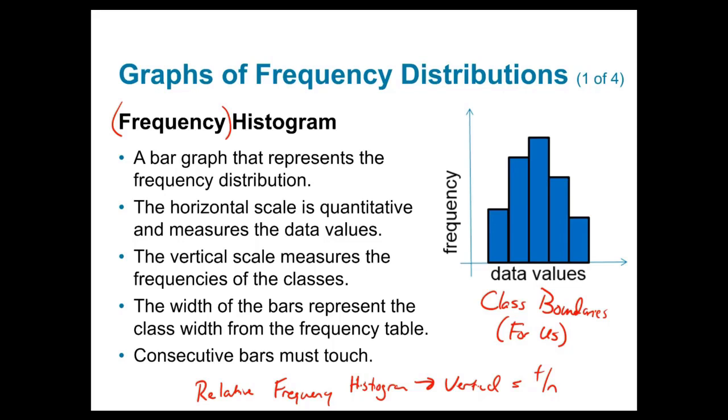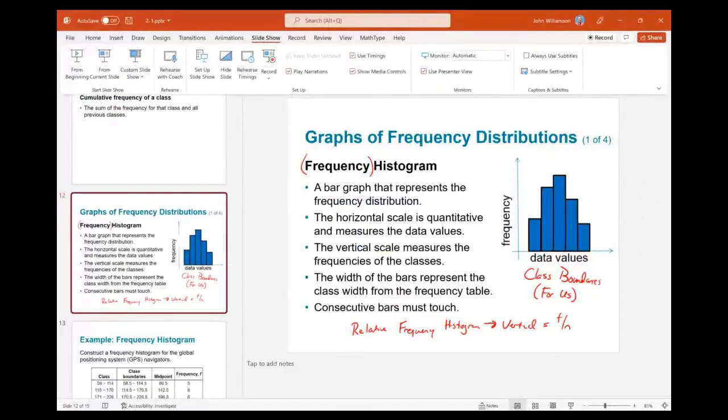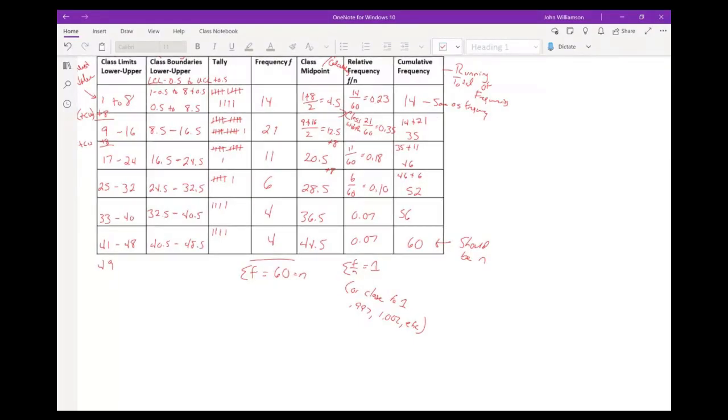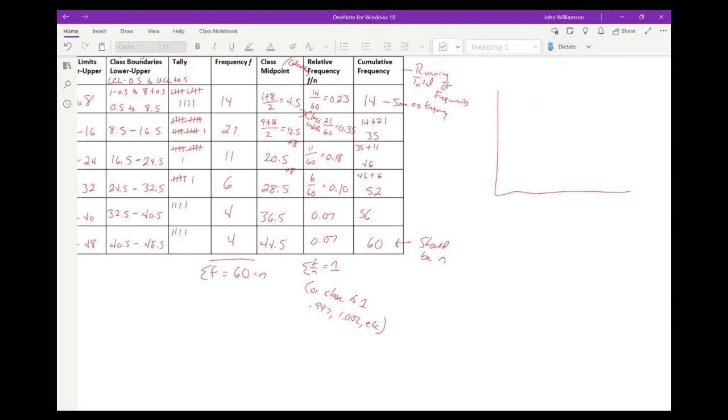So if we go back to that example we just did, say we wanted to make a histogram for this. You're going to put your class boundaries along the bottom, but think of this horizontal axis as a number line. One of the biggest mistakes I see is people writing 0.5 to 8.5 and then 8.5 to 16.5.